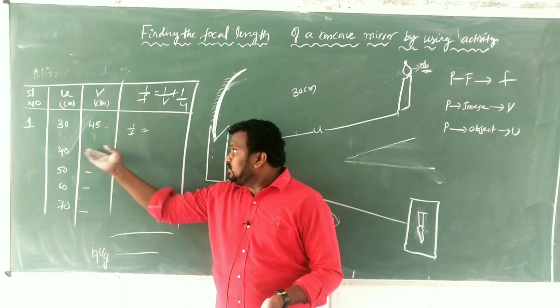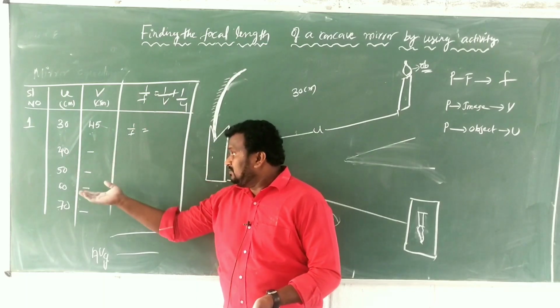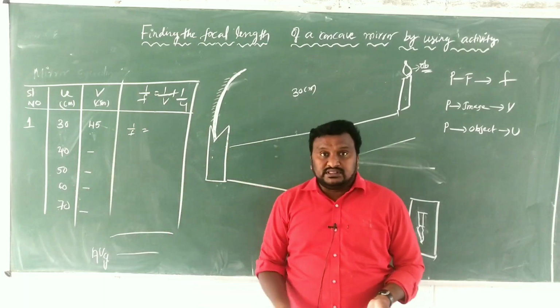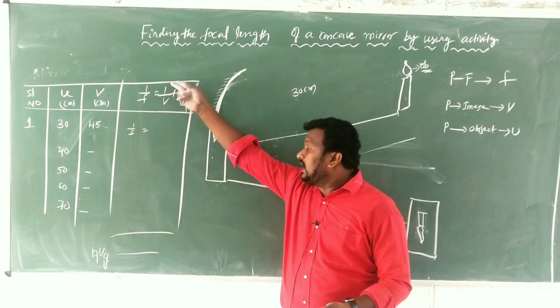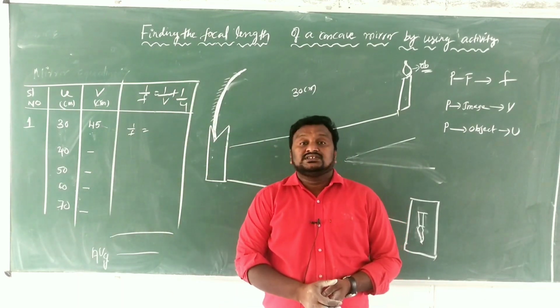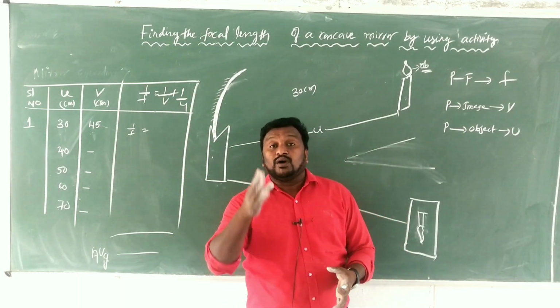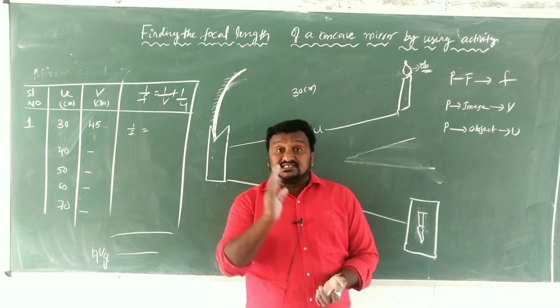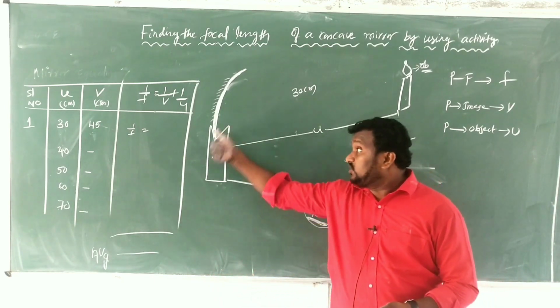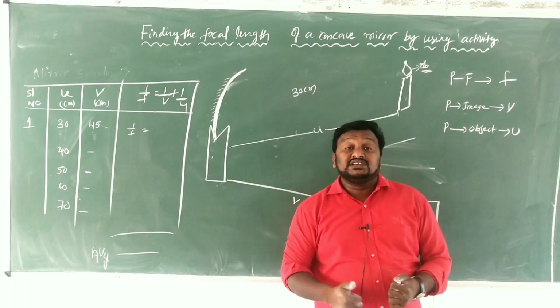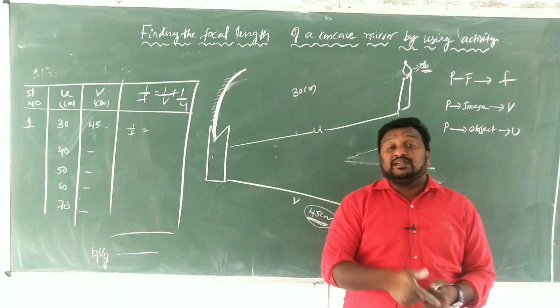So we have to find out the focal lengths individually. After that, you have to take the average of all these values, then it will give one accurate value, that is the focal length of the concave mirror we are using in the laboratory for that experiment.